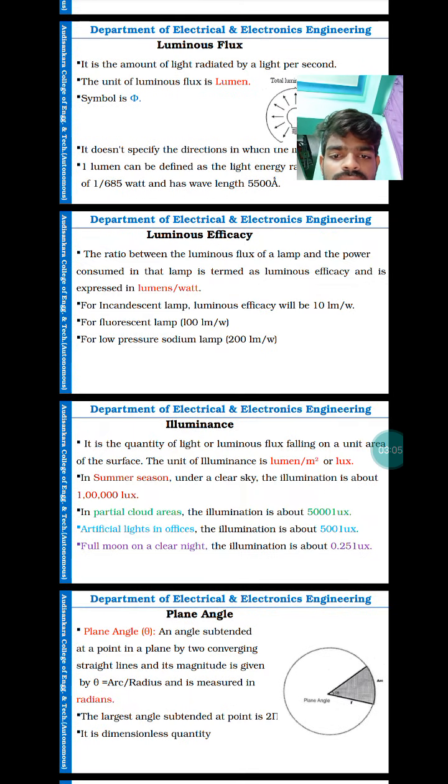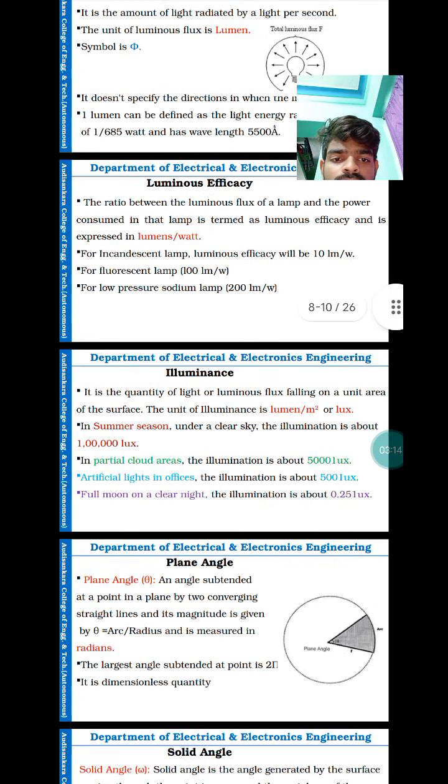Next, coming to the illuminance topic. It is the quantity of light or luminous flux falling on the unit area of the surface. The unit of illuminance is lumen per meter square or lux.